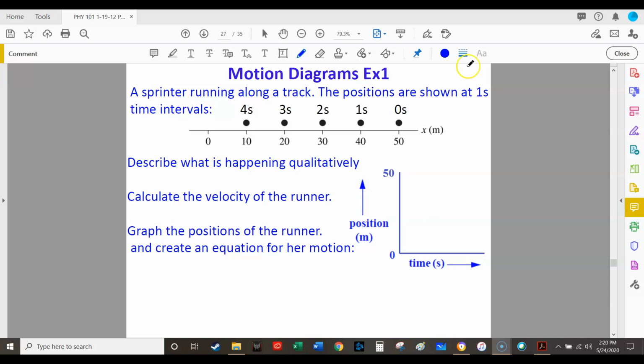You have an object that has a motion diagram illustrated, and this object is going to have positions to the right of the origin. You're standing right here at the 0 meter mark, and these positions are represented in meters. Sometimes they don't put the units on there because they put the units right here.